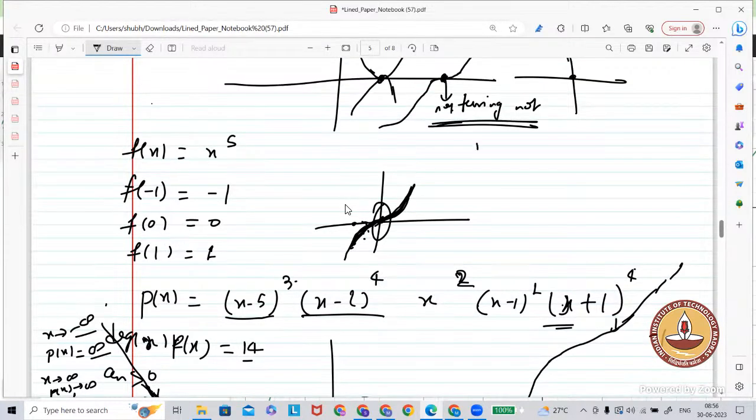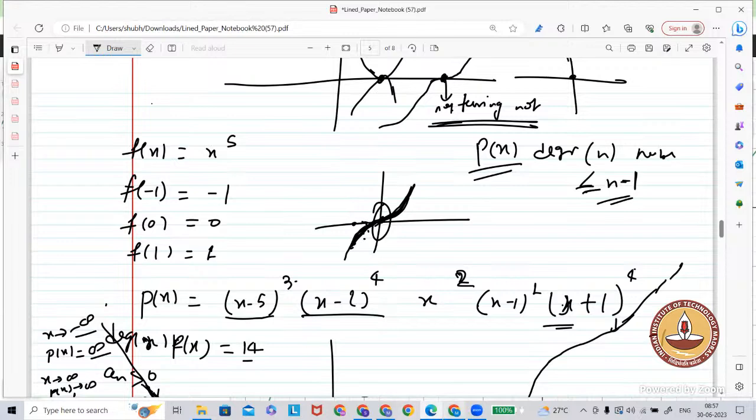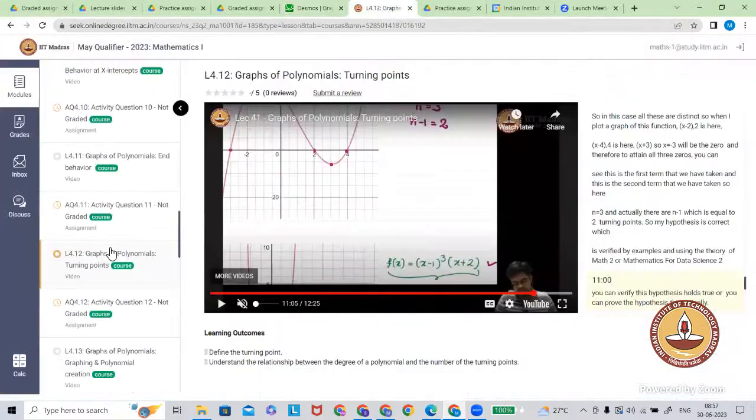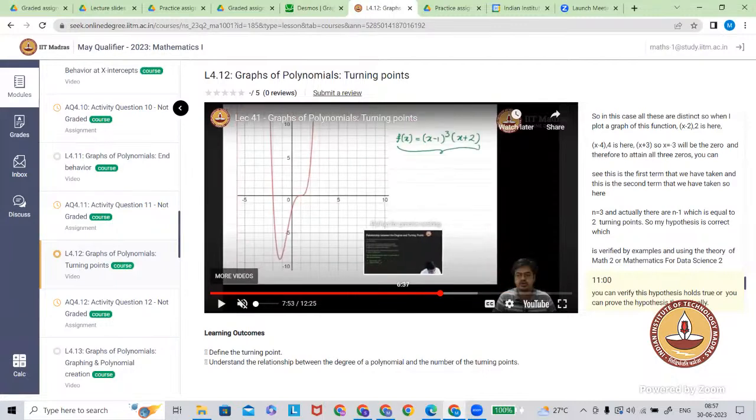Suppose a polynomial p(x) has degree n, then the number of turning points would be less than or equal to n minus 1. I think so. Let me see once.